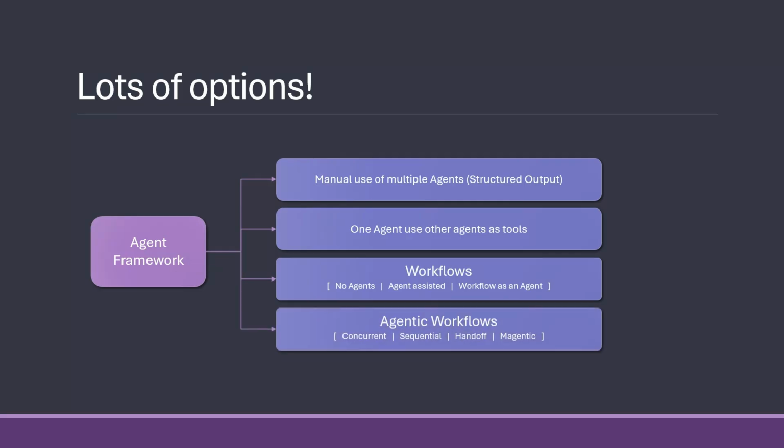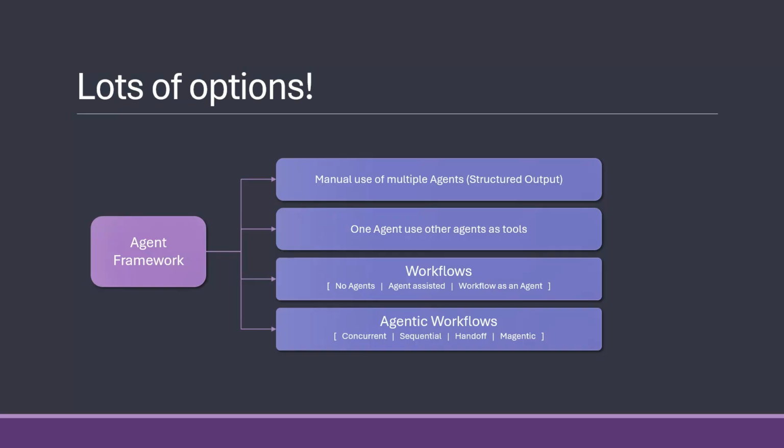The final thing is what I've called agentic workflows. It's still in the same namespace in the API, but this is where the things from Autogen, which was one of the 2 predecessors to Agent Framework, come in.